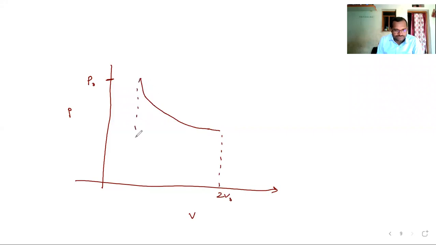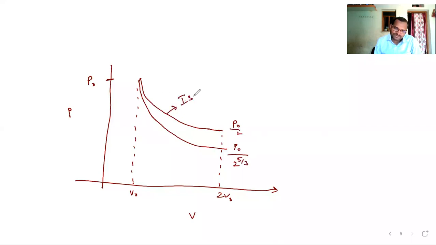This volume is V0. Another process occurs like this. This pressure is P0 by 2. This pressure is P0 by 2 power 5 by 3. This is the isothermal process, and this will be the adiabatic process.